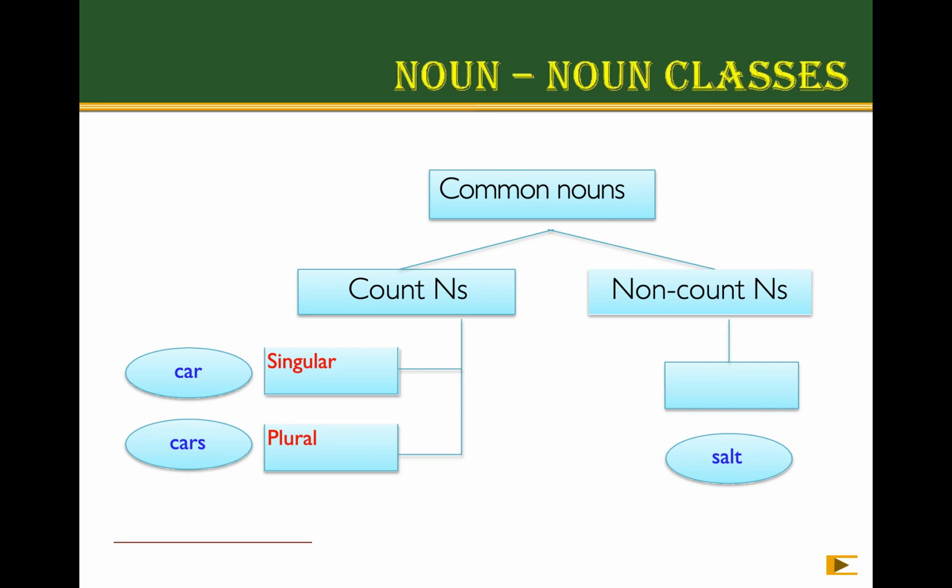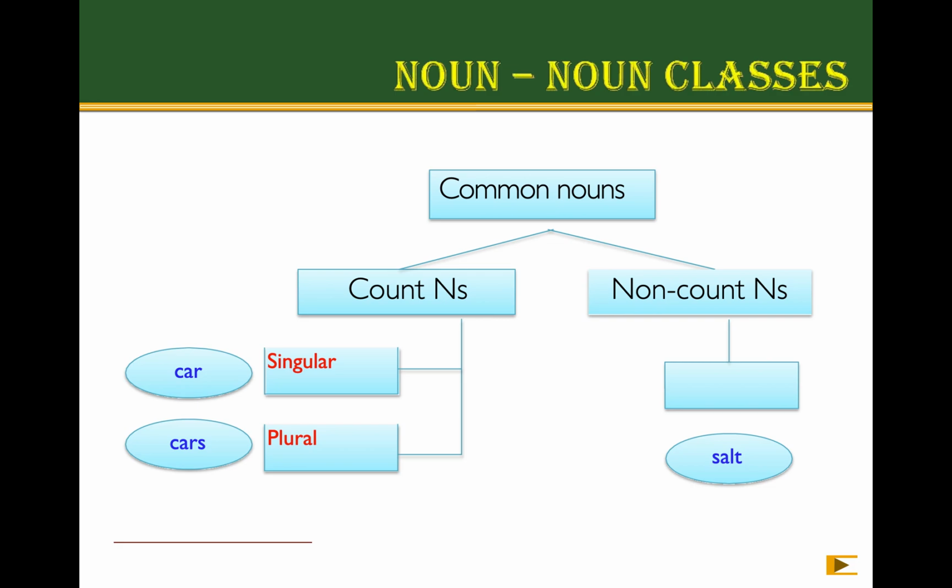Abstract countable nouns, like opportunity, for example, we say opportunities. But in the case of abstract non-countable nouns, for example, air, we cannot pluralize it, but we can pluralize abstract countable nouns. Concrete nouns: we have countable concrete nouns and non-countable concrete nouns.